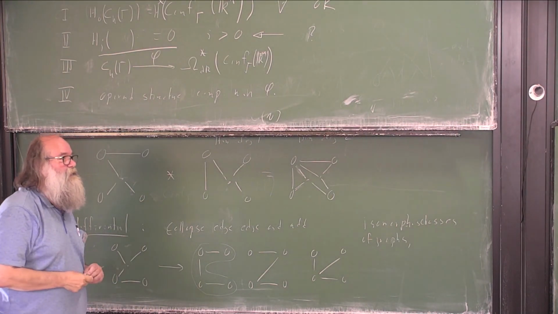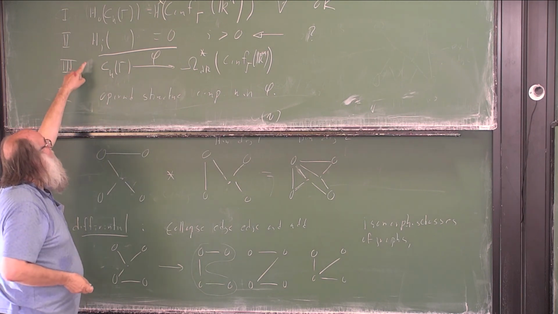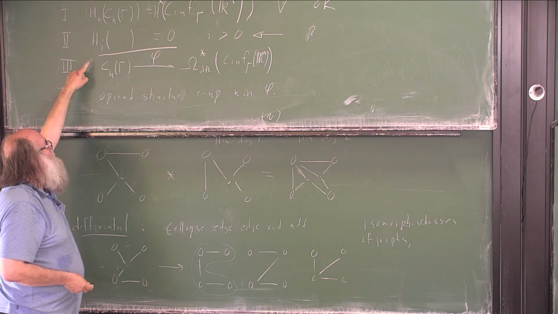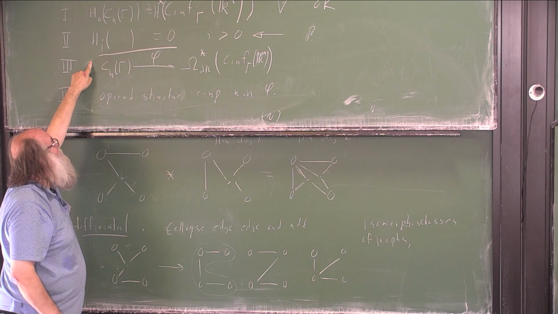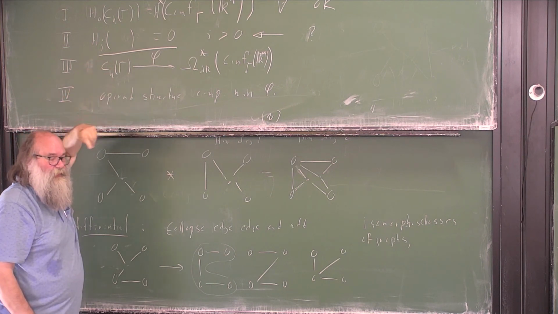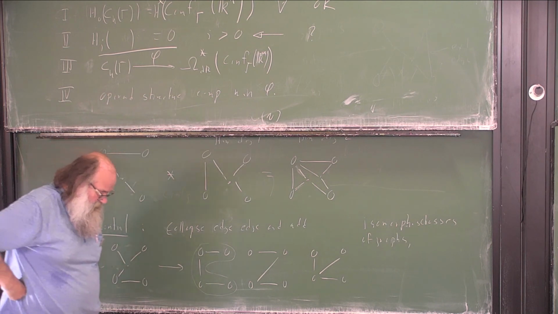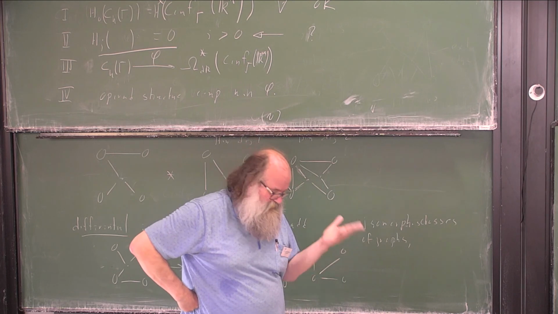And it turns out that, okay, I can say this. In the original Kontsevich case with a complete graph, you can prove this by finding some explicit chain homotopies, which show it's 0.